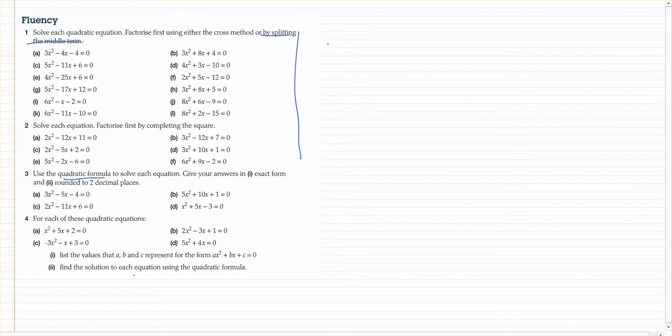Okay, we'll do 1a. We've got 3x squared minus 4x minus 4 equals 0. All I'm doing is factorizing this using the cross method, then solving it. So the possibilities are 3x and x, because 3 is a prime number.